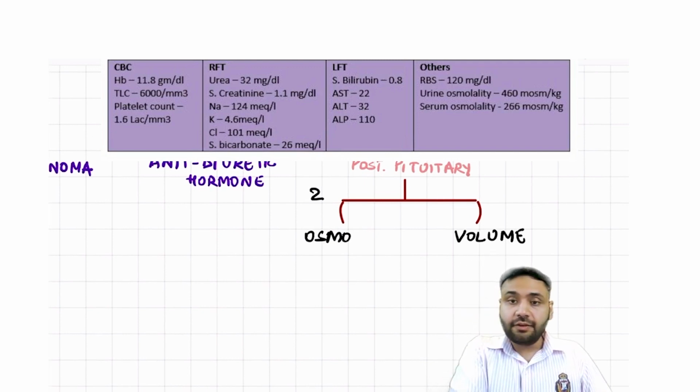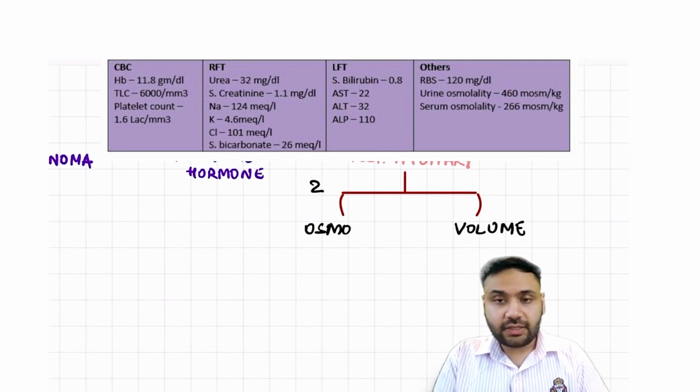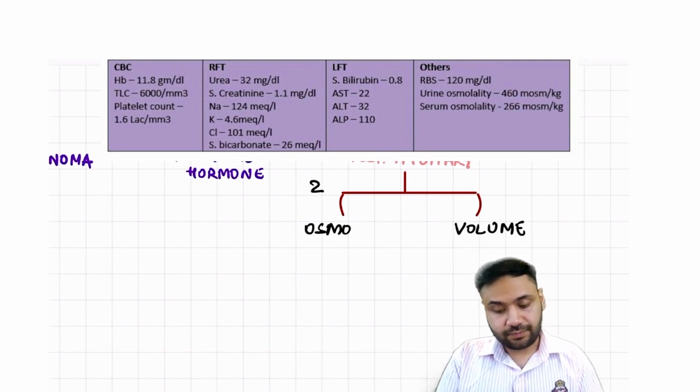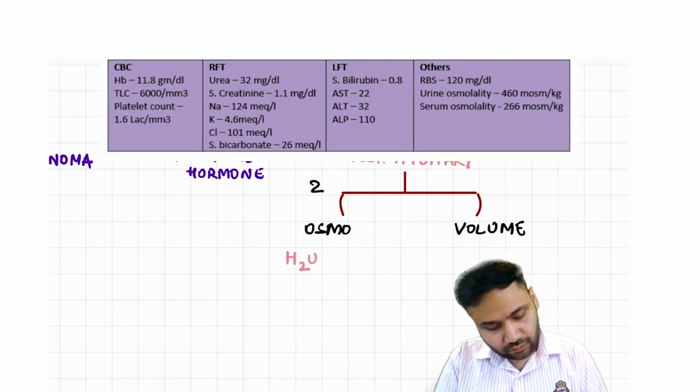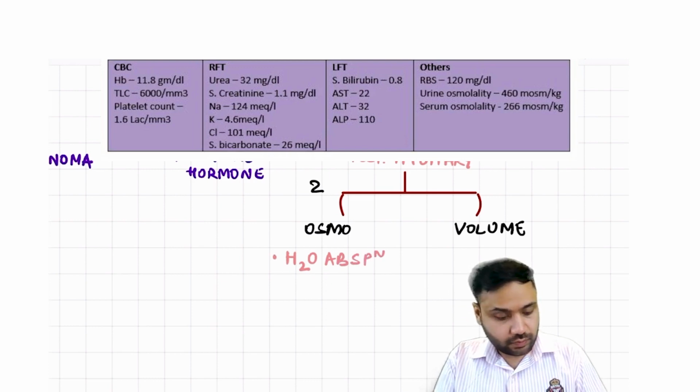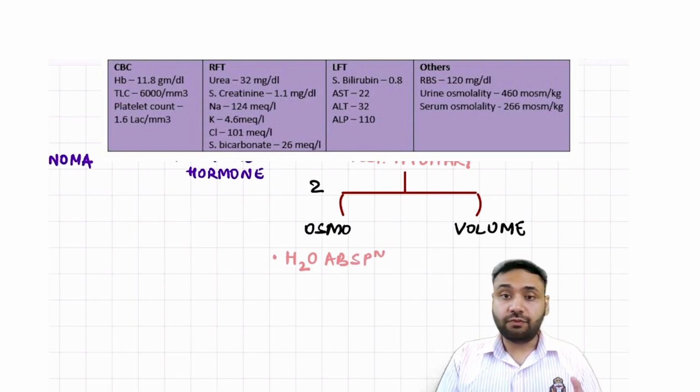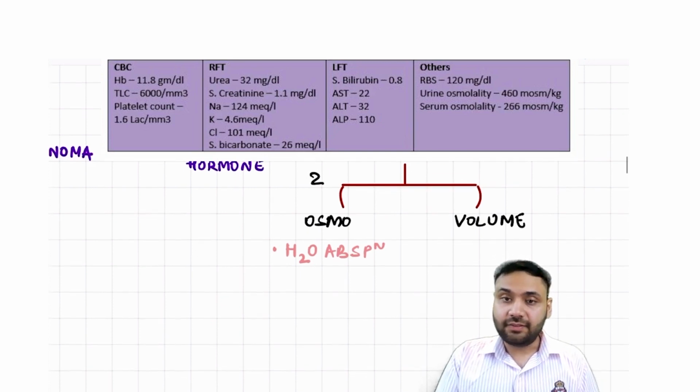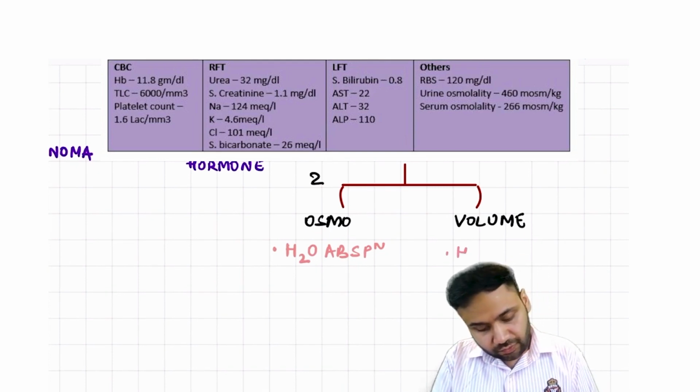Whenever the serum osmolality increases, ADH increases water absorption. Whenever the volume falls or the blood pressure falls, the body senses that it needs more volume, so it secretes ADH to increase water absorption.